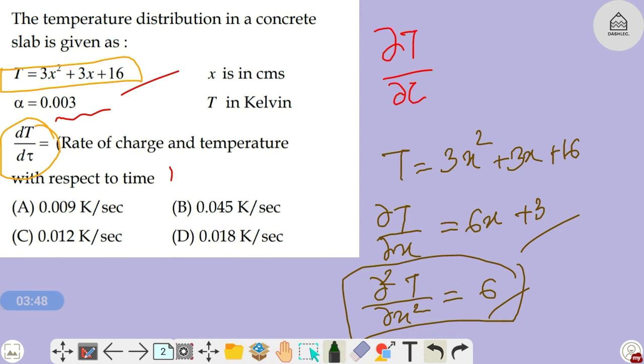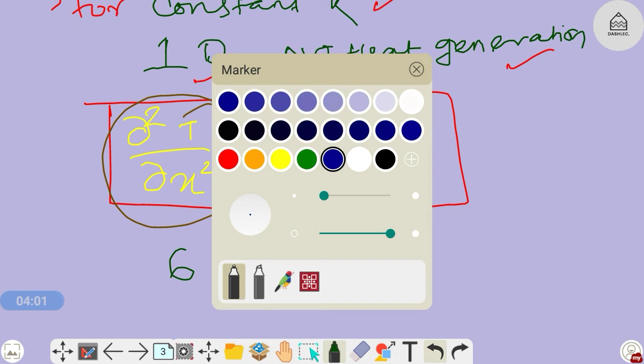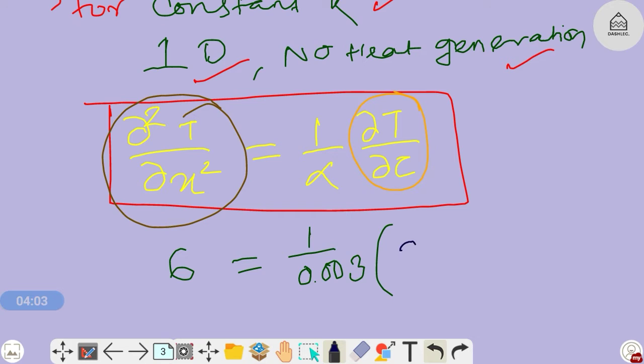which is given in the question, 0.003, and the thing that we want to find out is del T by del tau. Yes or no?